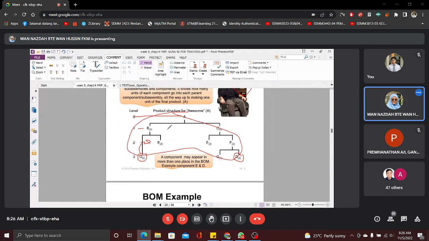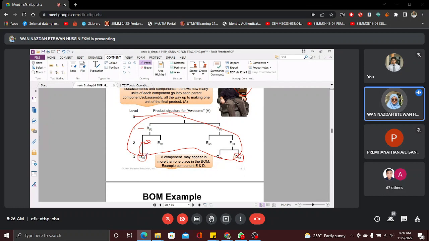Alright. So this horizontal line, okay, this horizontal line B and C is actually being assembled. Okay, B is assembled to C. Dia telah dipasang. Okay, say for example, kat sini G and D here, dia telah dipasang.